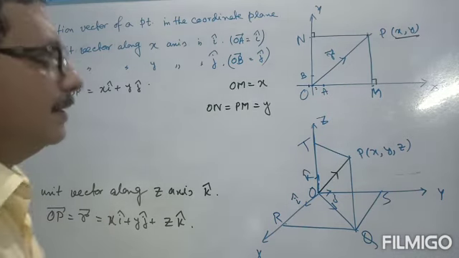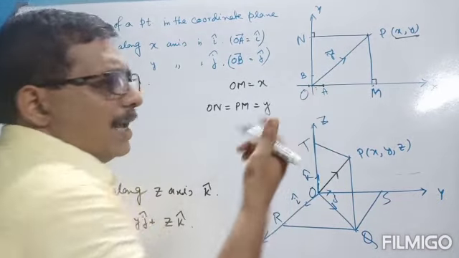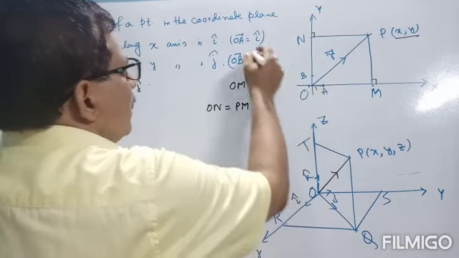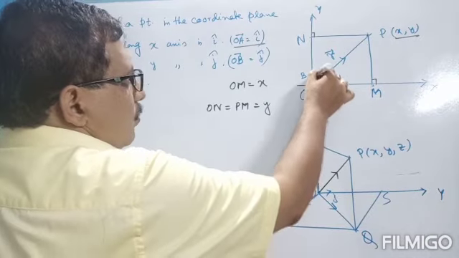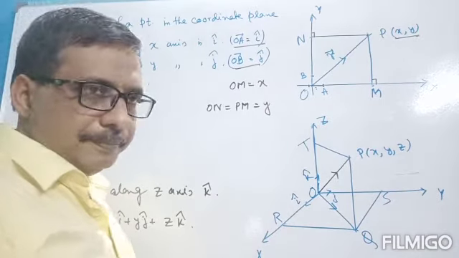Now the unit vector along the x-axis is i cap. Suppose OA is the unit length along the x-axis, so vector OA is i cap, and OB is the unit length along the y-axis, so OB is j cap.